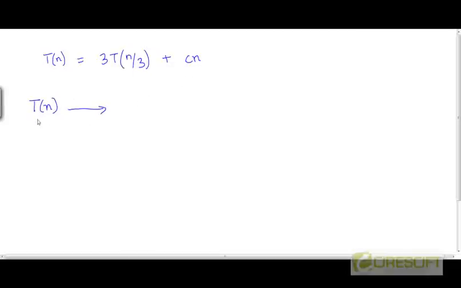So T(n) will be replaced by c·n with 3 children: T(n/3), T(n/3) and T(n/3).